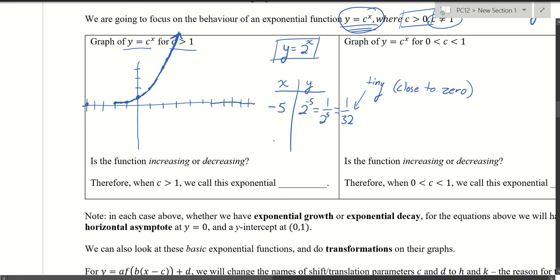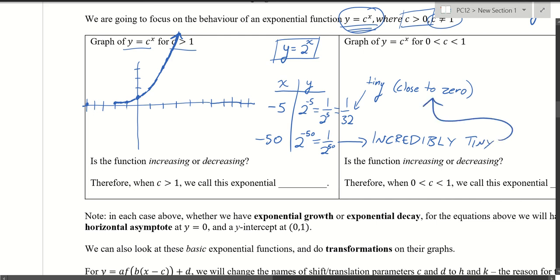And that kind of trend is just going to continue, right? If I have -50 as my input, my output is just going to be 2 to the -50, which is 1 over 2 to the positive 50, which is incredibly tiny, right? What I mean by this is that it is incredibly close to 0.